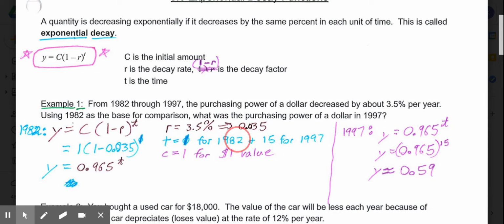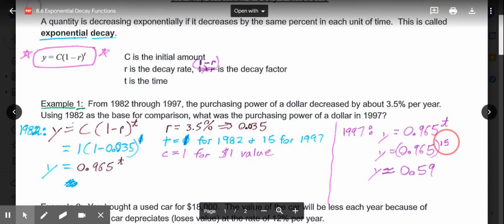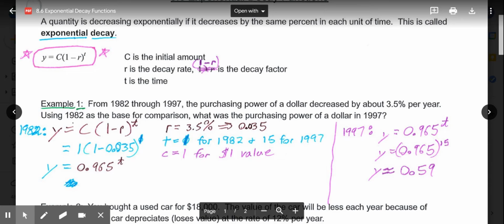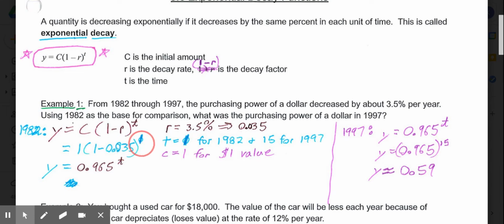What matters is from 1982 to 1997, that is 15 years. So when we get over to 1997, we know we'll have to put a 15 in for t. Our basic model for 1982: we put a 1 in for c, 1 minus our decay rate of 0.035, and technically we're just thinking about that for the first year, so we're going to leave that as a t.